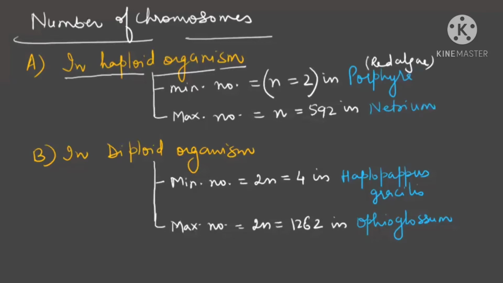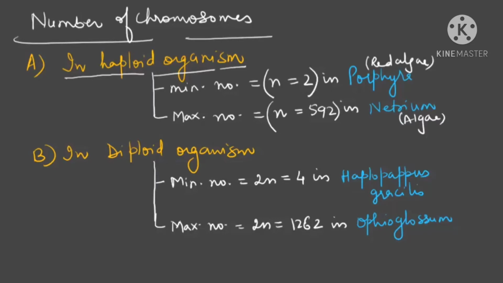The maximum number can go to n equal to 592, present in another alga. These are examples of the haploid number of chromosomes, the minimum and maximum in haploid organisms.